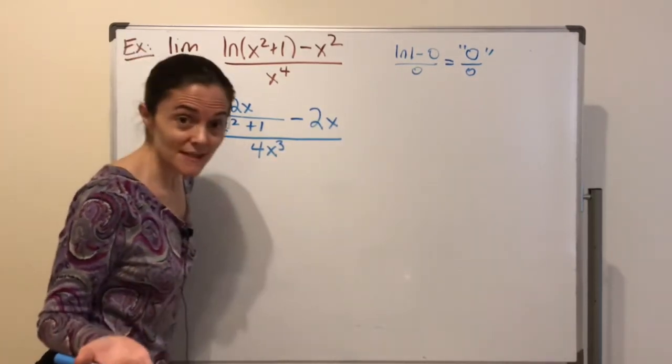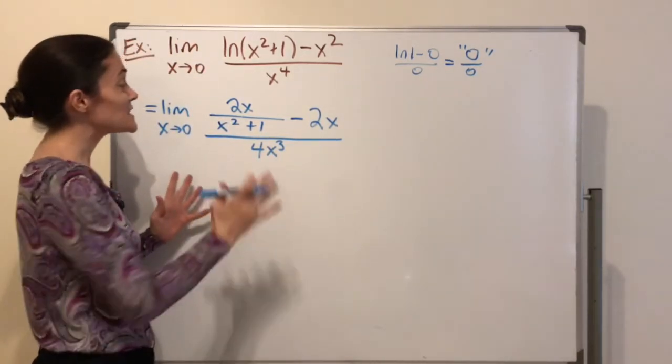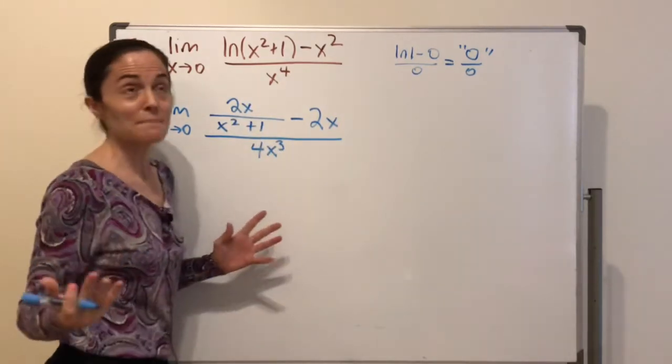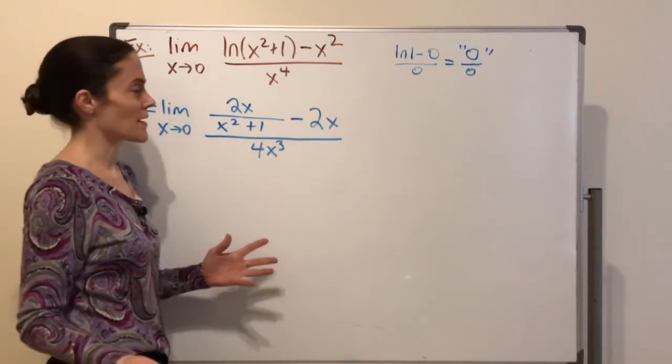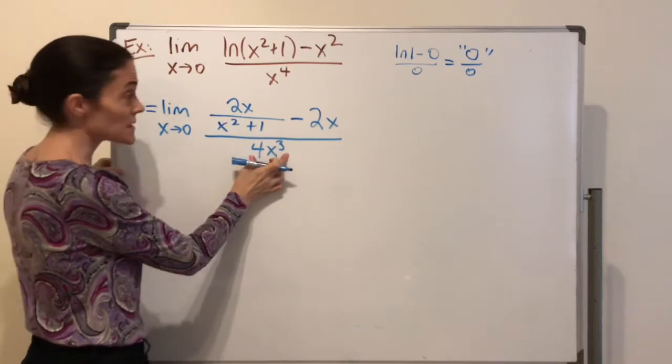What I personally would do is let's get a common denominator in the numerator and try to make this into just one fraction. It'll be easier to realize what's going on. So what's happening, this 4x cubed is really in the denominator.